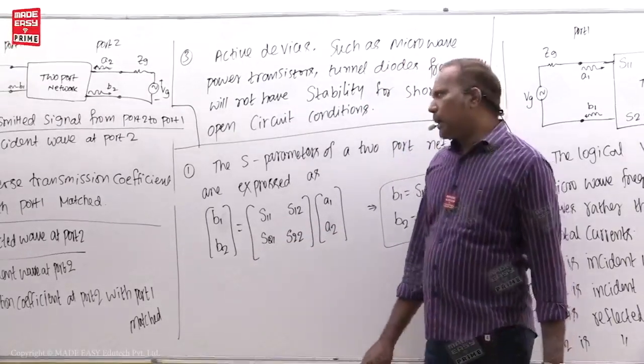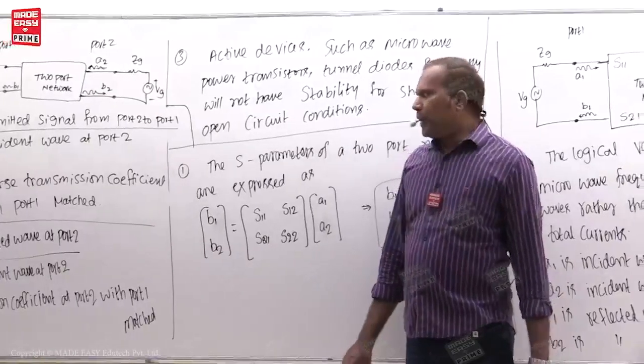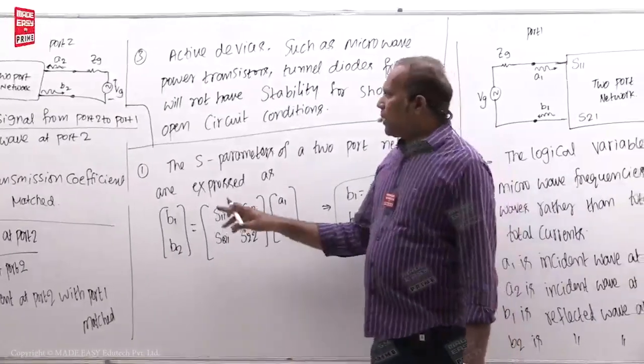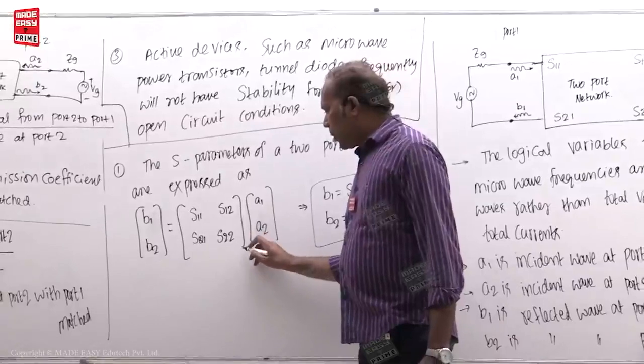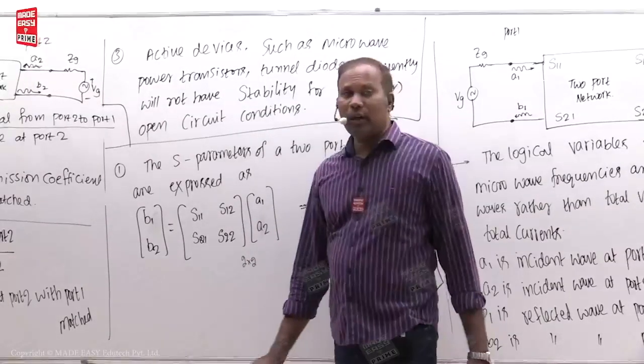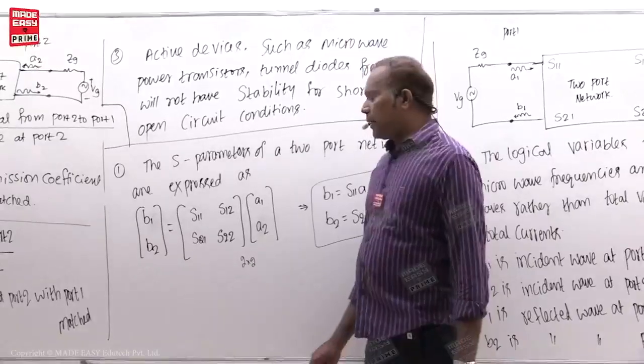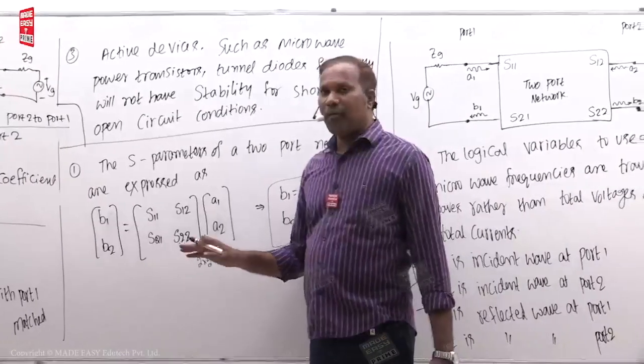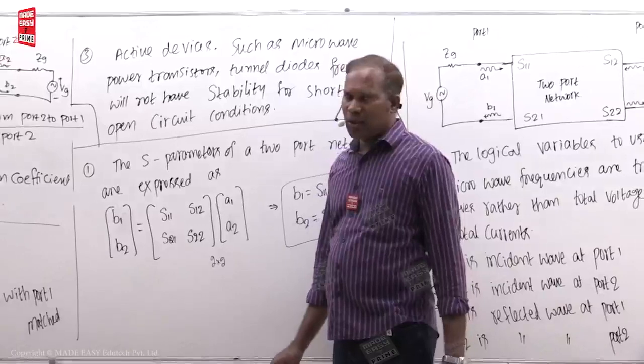That is one point. Now I am going to write the properties of S parameters. For example, we have taken a two-port network. For a two-port network, this is a 2 by 2 square matrix. For an n-port network, it is a square matrix of order n by n. That is the first point.